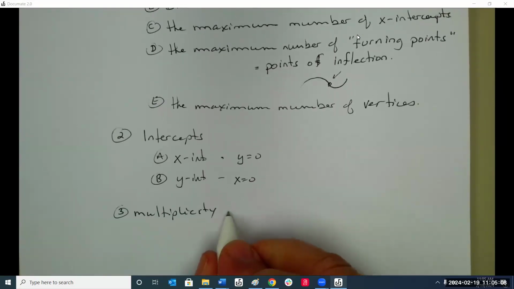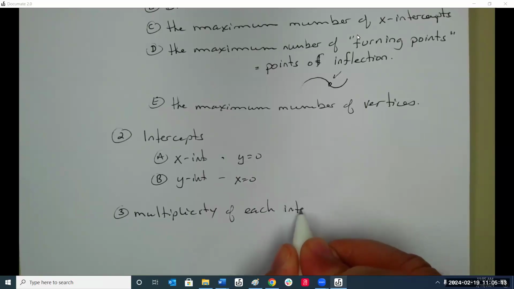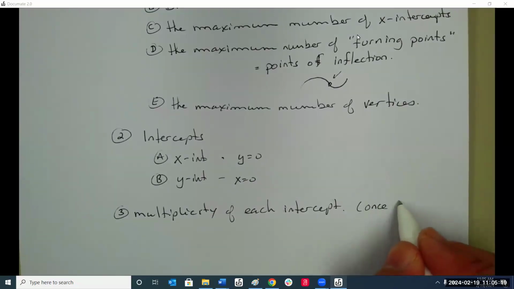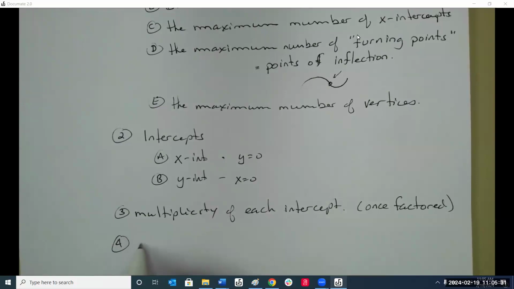The multiplicity of each intercept once factored. And let's see what else. Some points on the curve.